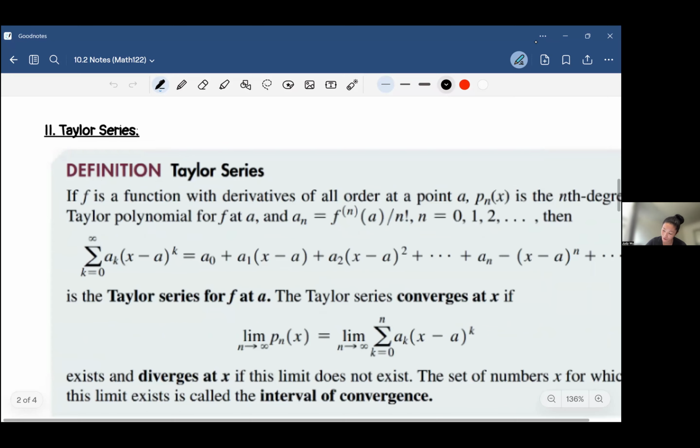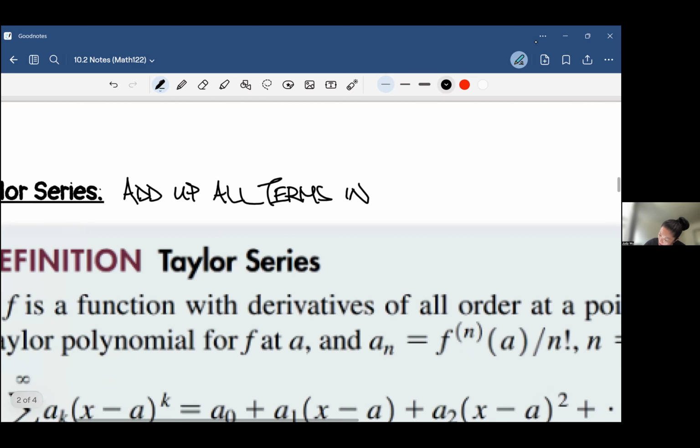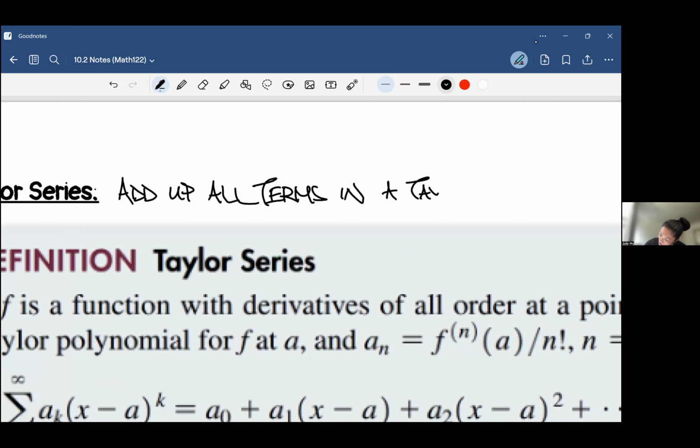So first of all, a Taylor series, if we were to think about it in the most straightforward way, is if we add up all terms in a Taylor polynomial. Okay?